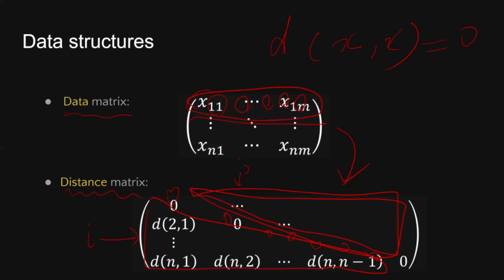The element dij is the distance between the object at the ith row and the object at the jth row, and that's going to be the element dij in the distance matrix. In the case of the diagonal components, obviously it's going to be dii, the distance from the ith row to the ith row, so obviously the distance is 0 by definition. So you always have a symmetric matrix with this structure when you compute a distance matrix. And if you don't have this structure, then your computation of the distance matrix is wrong.